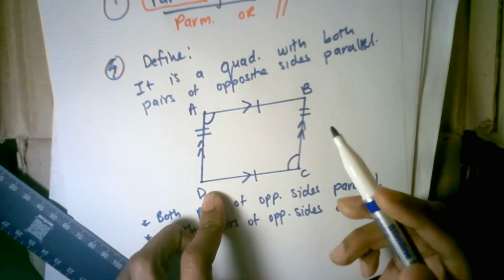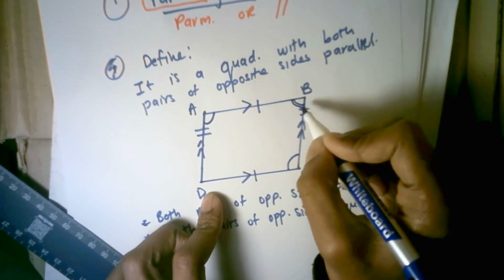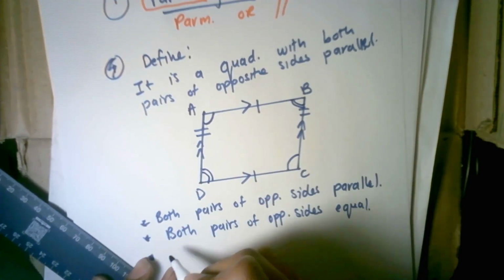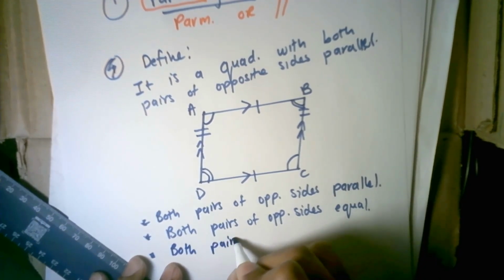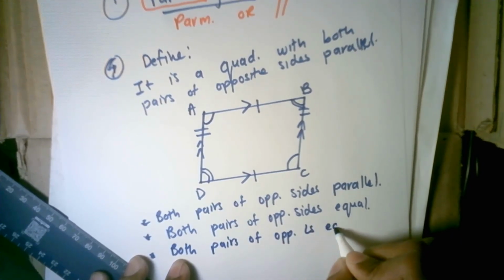And angle B is equal to the size of angle D. So what can we conclude? We can say that both pairs of opposite angles are equal.